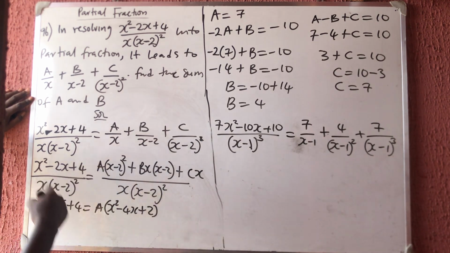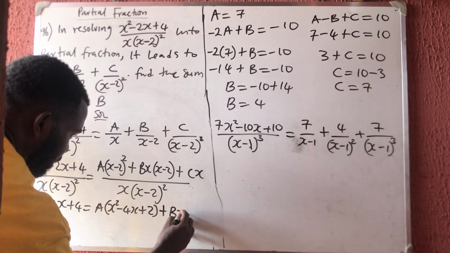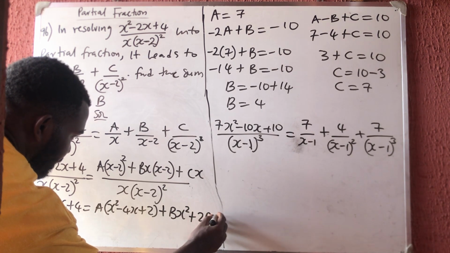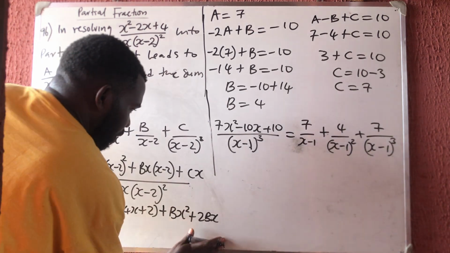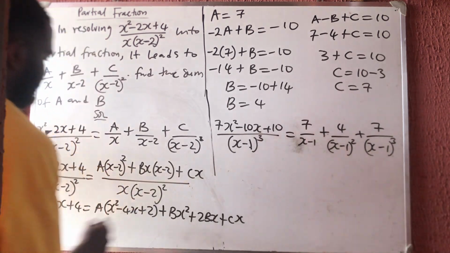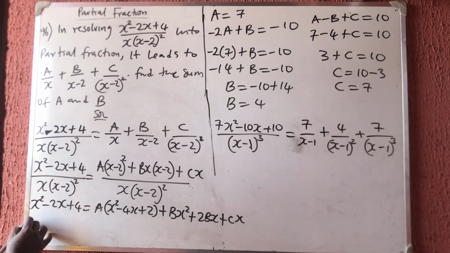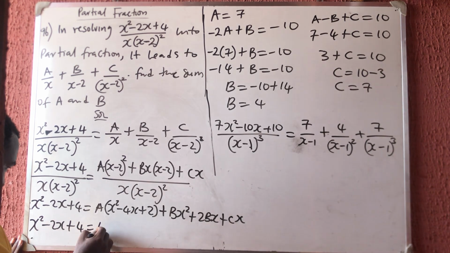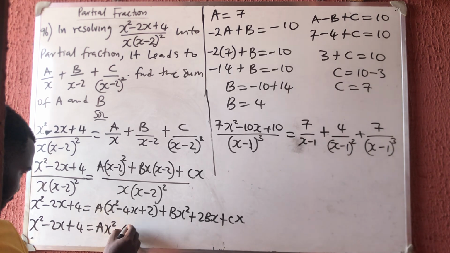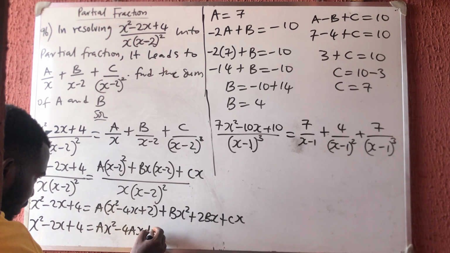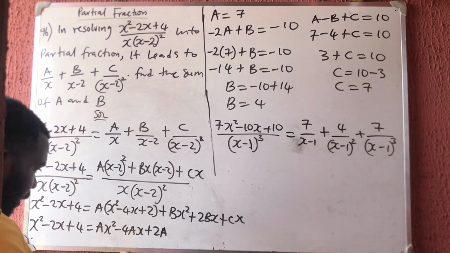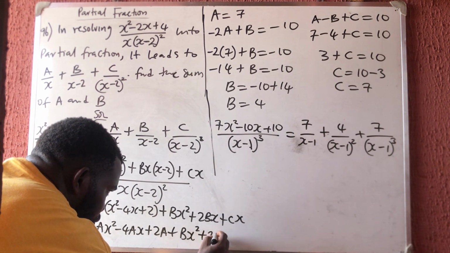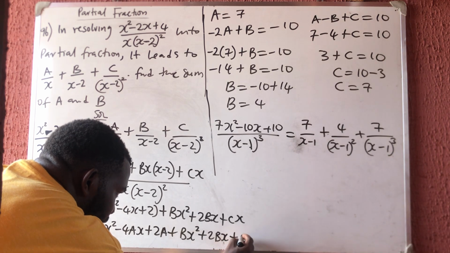If I clear this one, then plus bx squared plus 2bx, then plus cx. Now if I open this bracket, I'll be having x squared minus 2x plus 4 is equal to ax squared minus 4ax plus 2a, then plus bx squared plus 2bx, then plus cx.